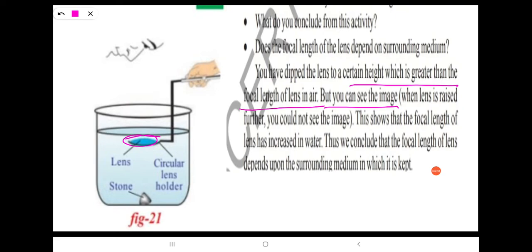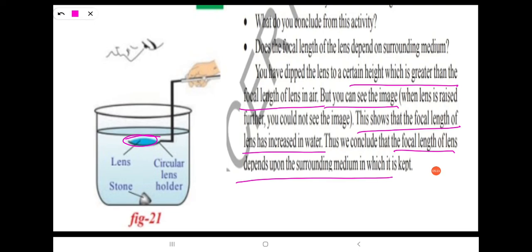This shows that the focal length of the lens has increased in water. So from this we can conclude that the focal length of a lens depends upon the surrounding medium in which it is kept.